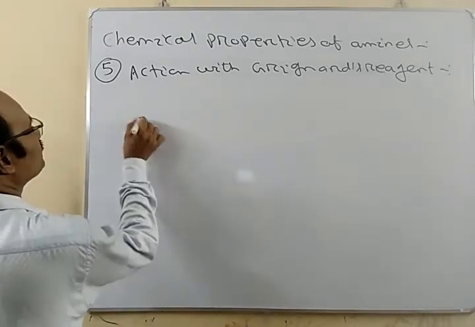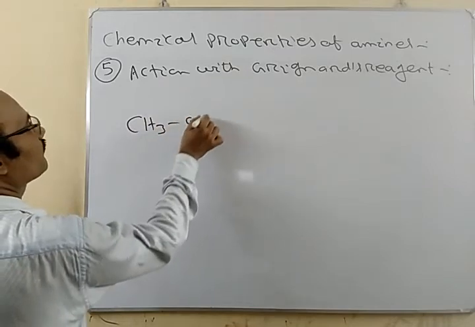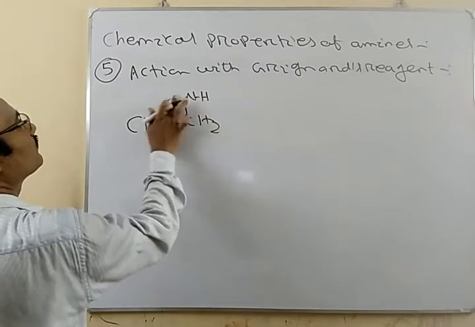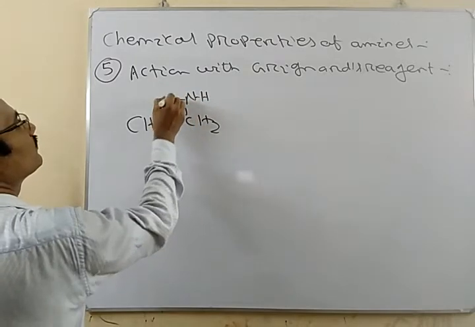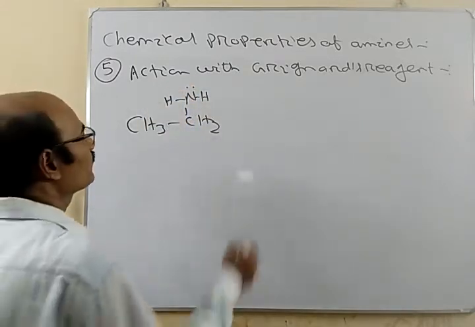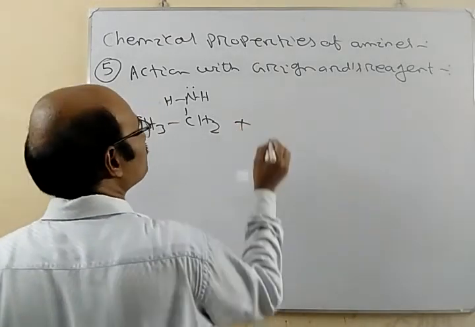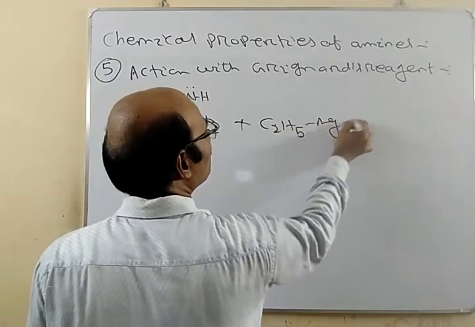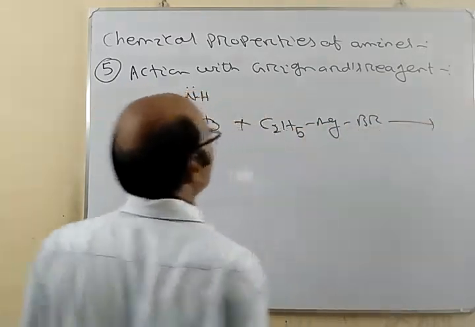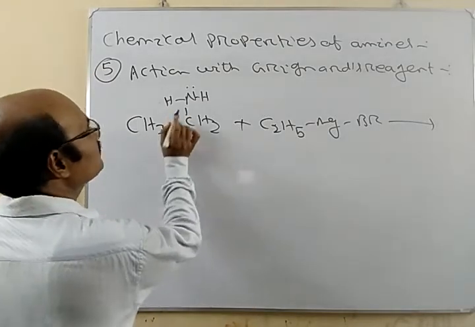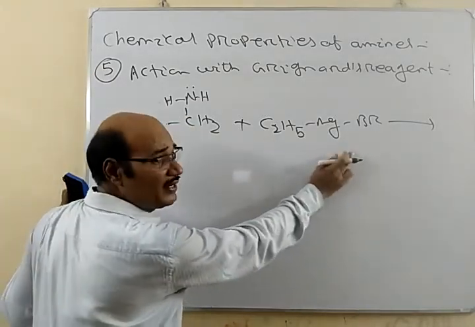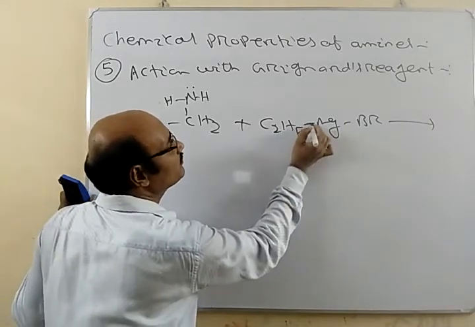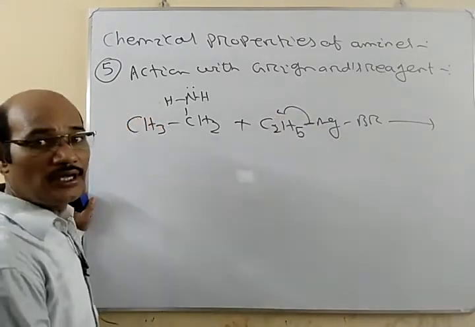See, if I take CH3CH2NH2 plus C2H5MgBr. Okay, so what happens? This ethyl magnesium bromide, Grignard's reagent, is acting as a nucleophile.